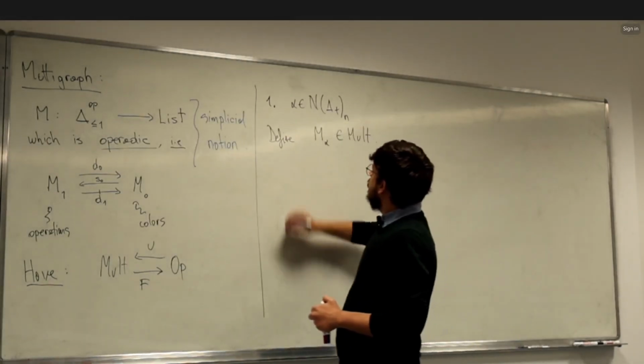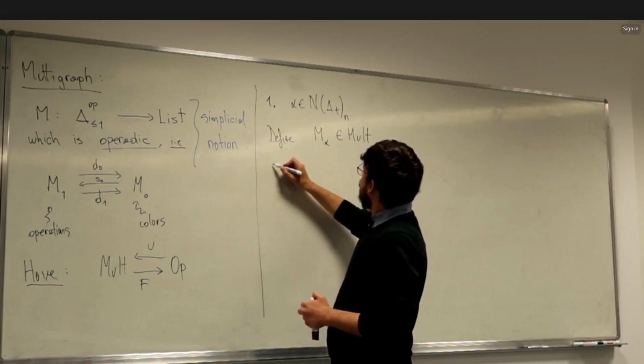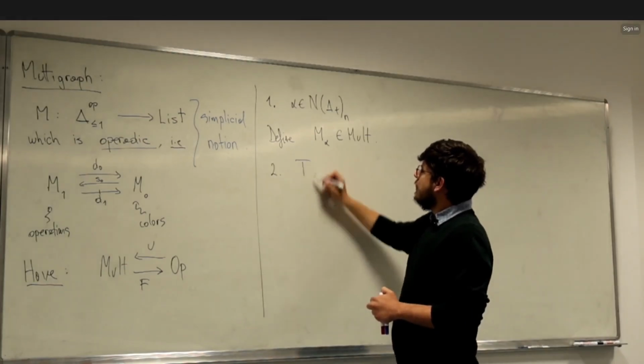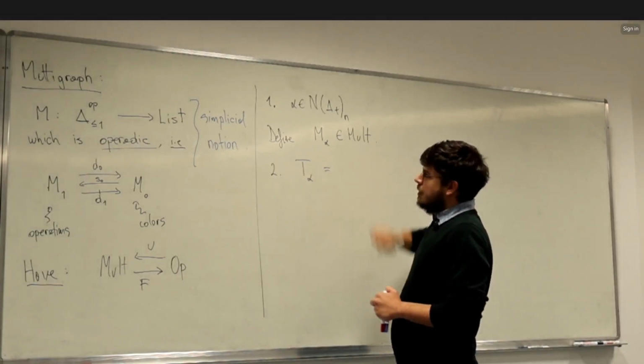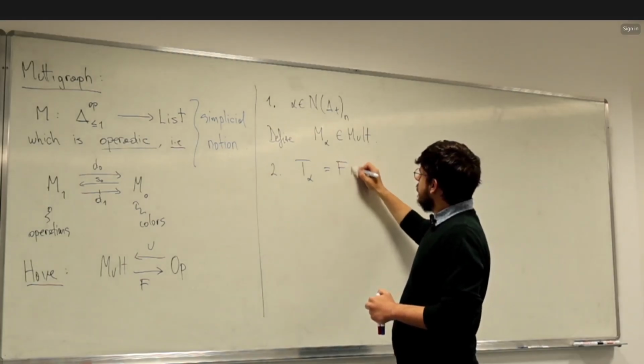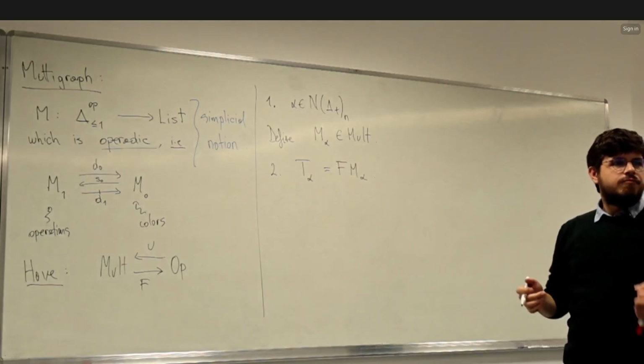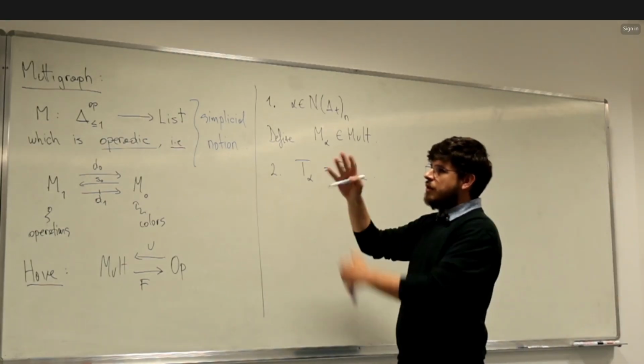And then two, you can define an operad T alpha, which is the free operad on this multigraph. You just compose everything.